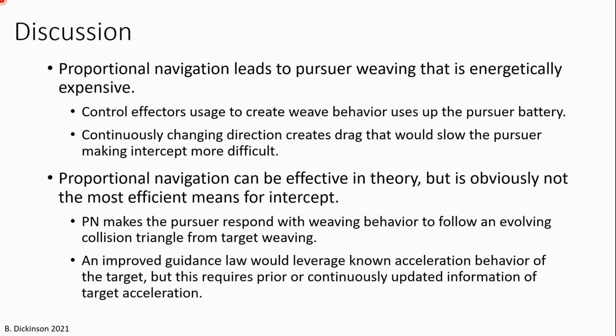So as an improvement, we could possibly derive a guidance law that would leverage the known acceleration behavior or the known maneuver behavior of the target. And this has been done, and it works very well in this example. But the key thing is that we're assuming we know what that target will do, how it will maneuver. And when it comes to ensuring that we intercept the target, placing our bets on a presumed target maneuver can be a very risky thing.